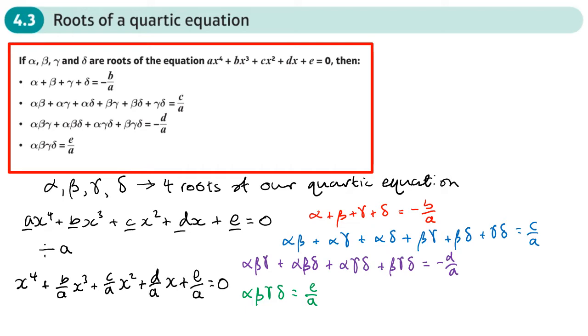And if you look, I've got b over a, well, I've got negative b over a there, c over a, well, I have c over a here, d over a there, I have d over a, well, negative d over a there, and then lastly I have e over a here, and I have e over a here.